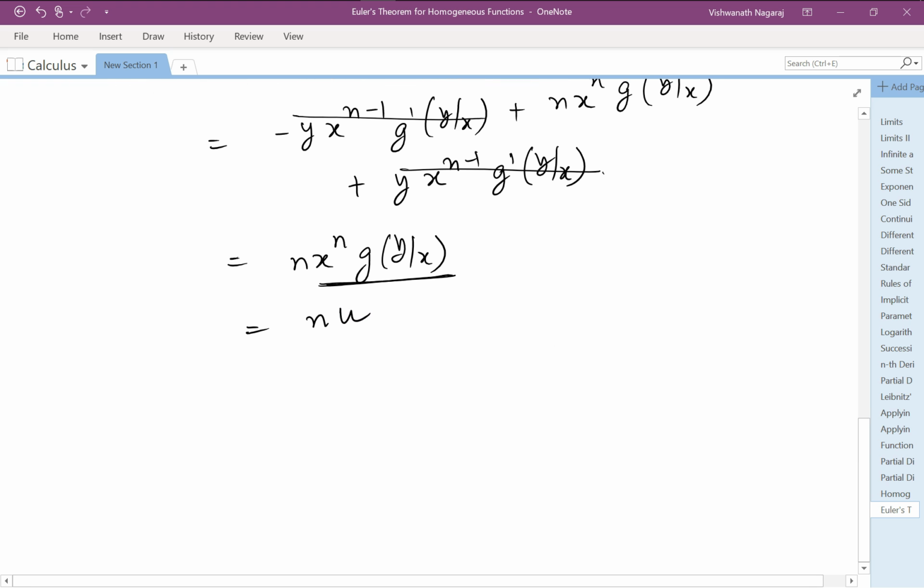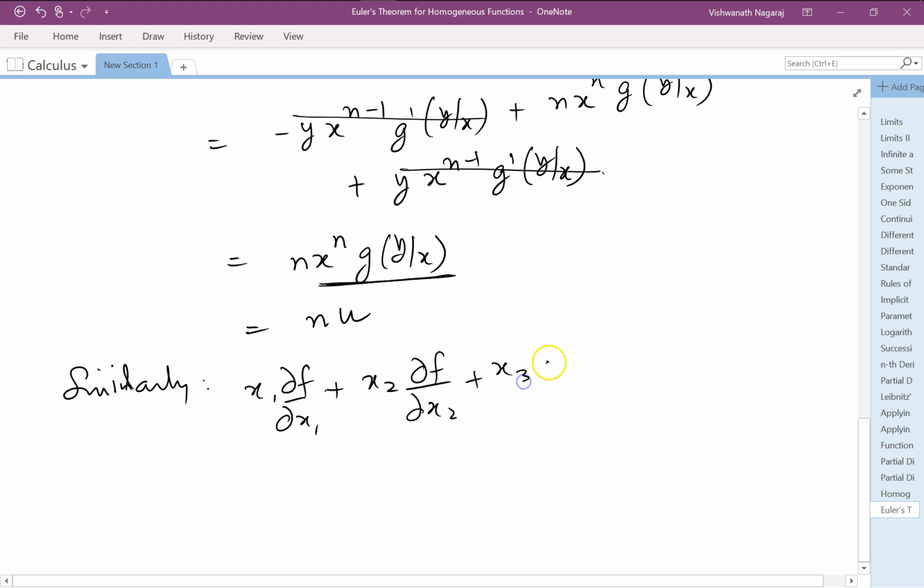Now here x to the power of n g of y by x is nothing but u. Now here we have used only two independent variables. We could have n number of variables similarly, so x1 ∂f/∂x1 plus x2 ∂f/∂x2 plus x3 ∂f/∂x3 up to xn ∂f/∂xn will be equal to what?